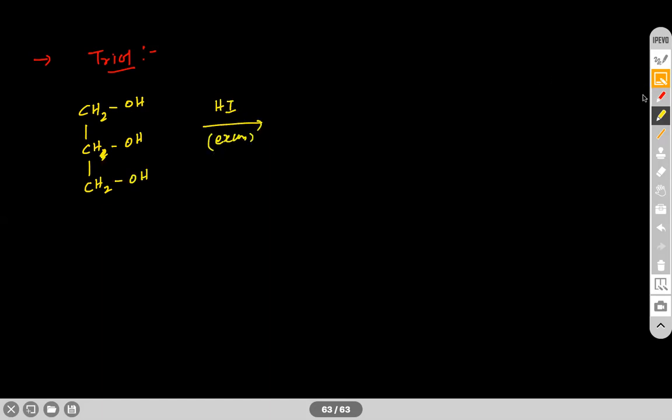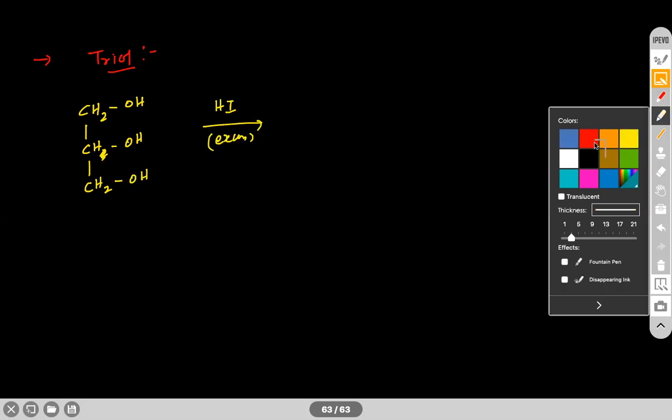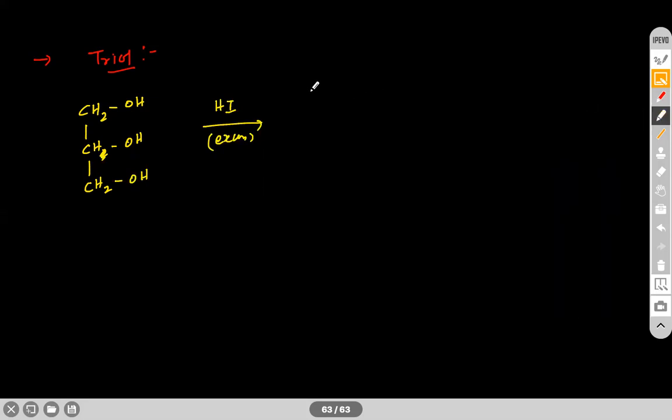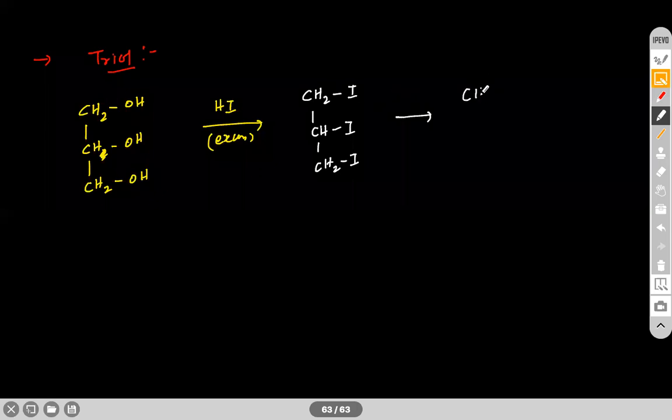So what will you get, tell me? Since HI is in excess, first of all, all the hydroxy groups will get replaced by iodine. And we know 2 iodine atoms at adjacent carbons are not stable at all. So I2 goes out and we get a double bond.